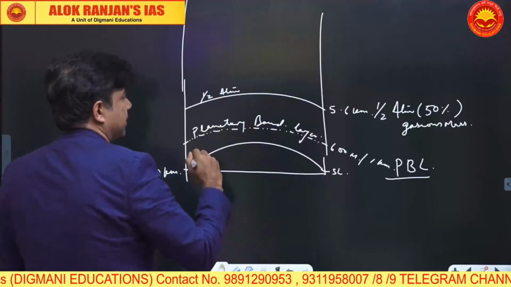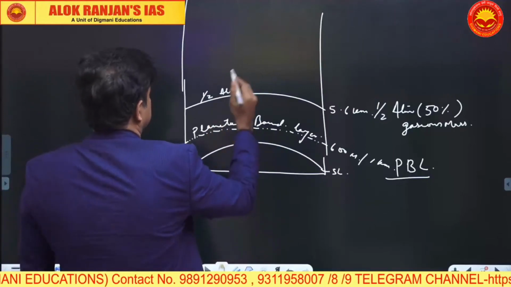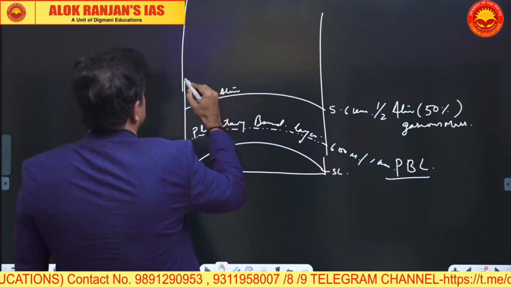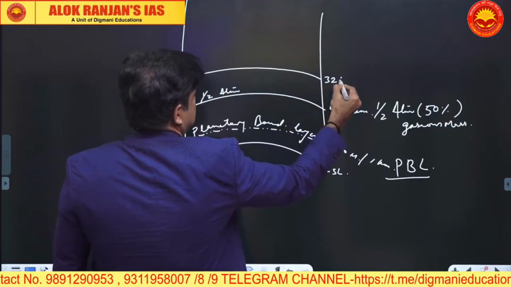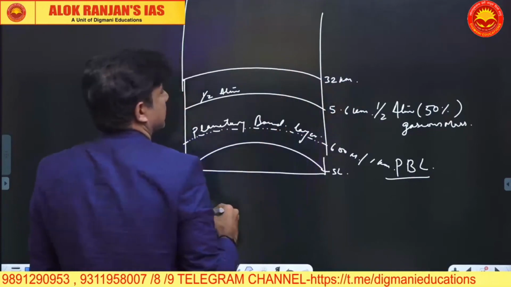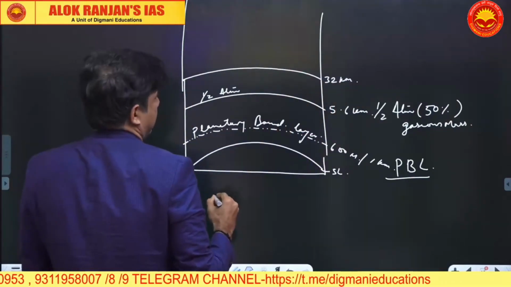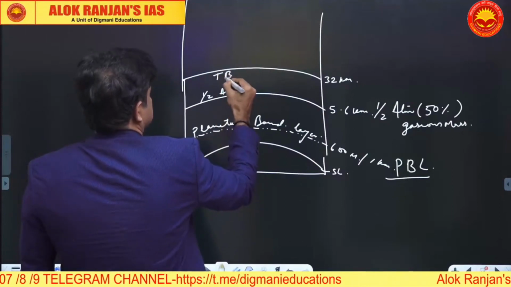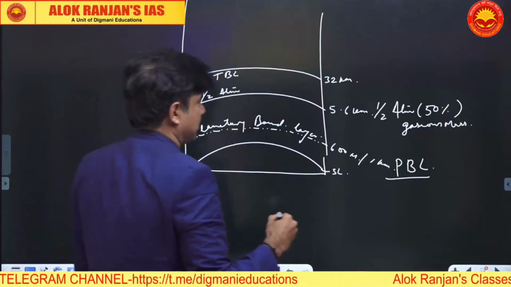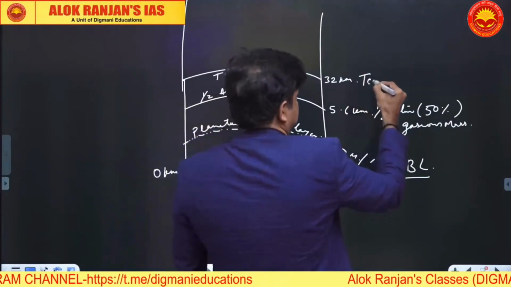Then you have this 32 kilometers altitude. This is your TBL or terrestrial boundary layer.